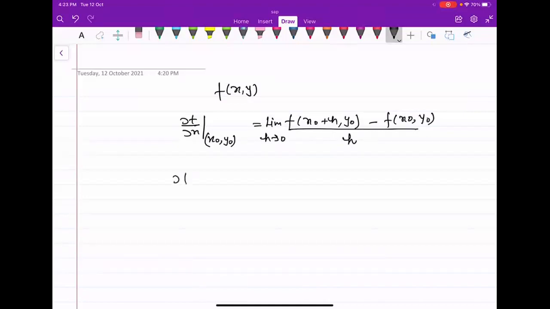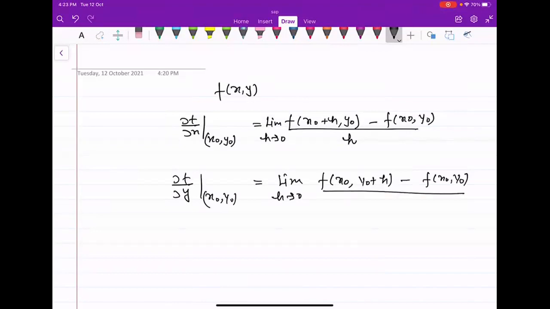Okay, similarly we can define del f over del y at the point (x0, y0). It is the limit as h tends to 0 of [f(x0, y0 + h) minus f(x0, y0)] upon h.